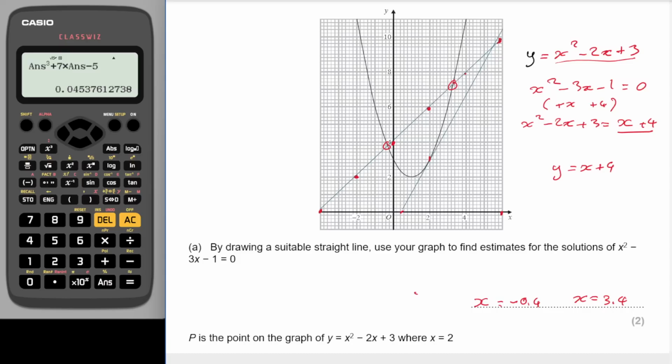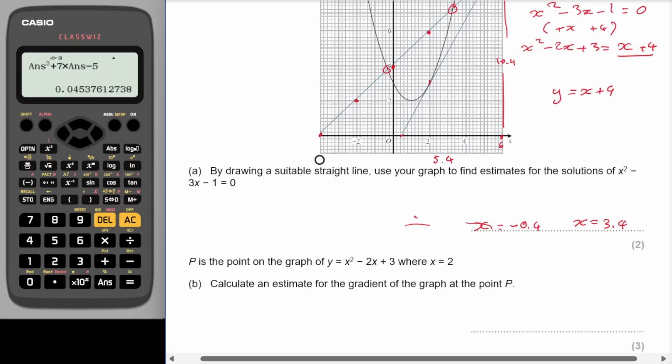So let's go from there to there is 4.6, 5.4, and from there to there is 10.4. So we're looking at 10.4 divided by 5.4.